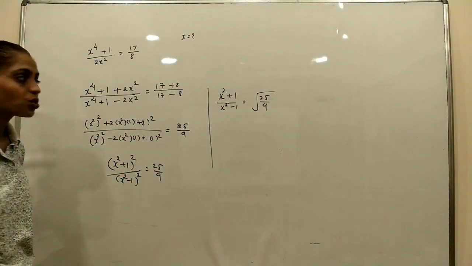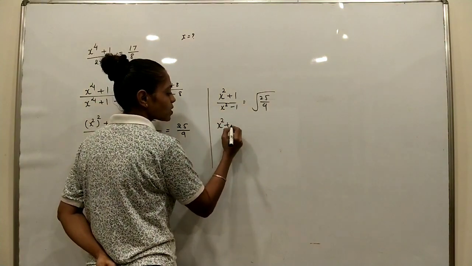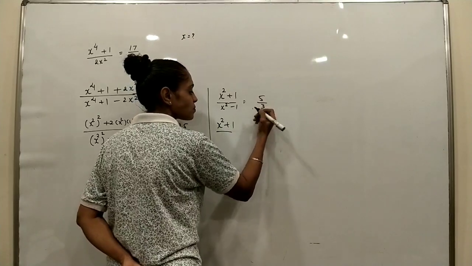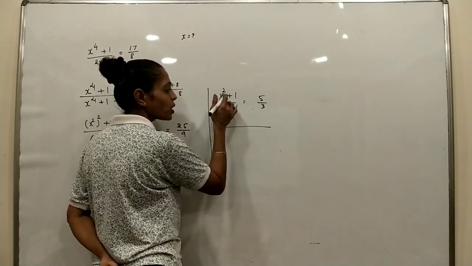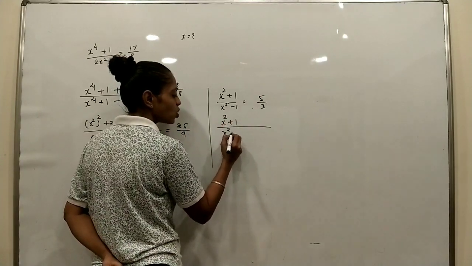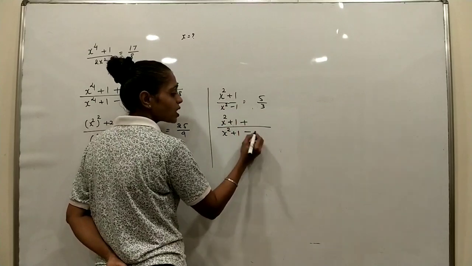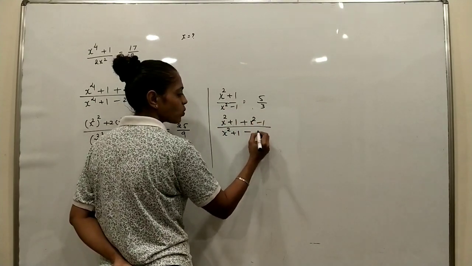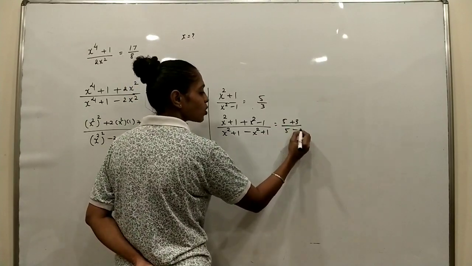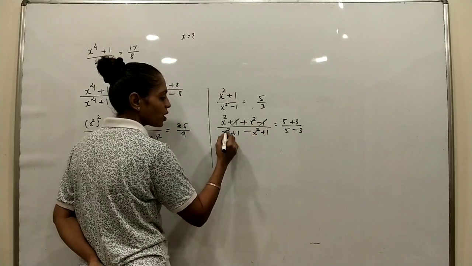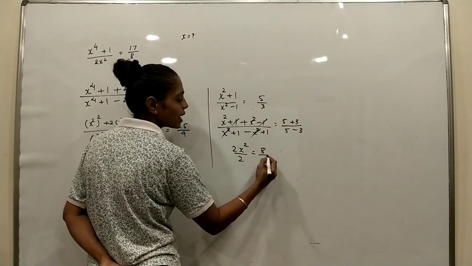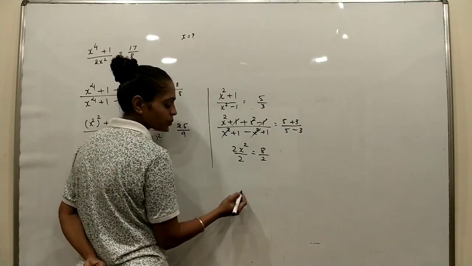So (x^2 + 1)/(x^2 - 1) is under root of 25/9, which is 5/3. Got it? 5 by 3. Now again componendo dividendo, because numerator and denominator differ only in sign. So x^2 + 1 is the numerator plus denominator, minus denominator, that is x^2 - 1. 1 and 1 cancel, x^2 and x^2 cancel, that is 2x^2 upon 2 is 8 upon 2.